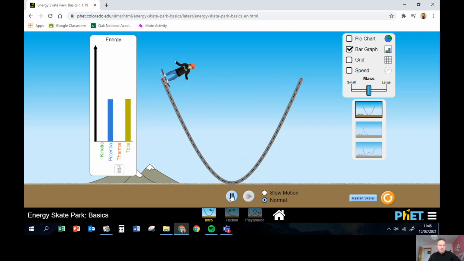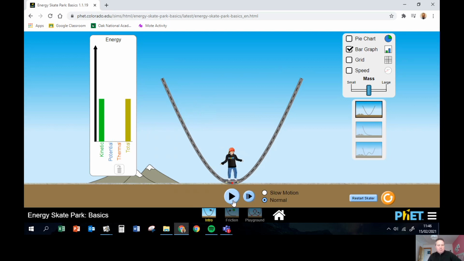As the skater moves down the ramp, you can see that the amount of potential energy decreases as they get lower and lower down. But the amount of kinetic energy is starting to increase as they get faster and faster.